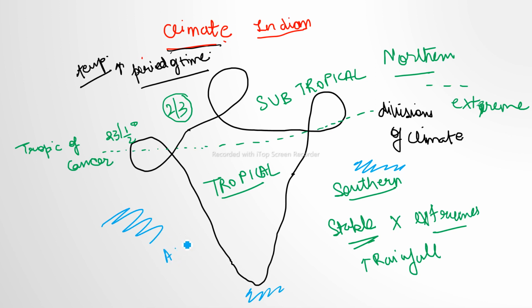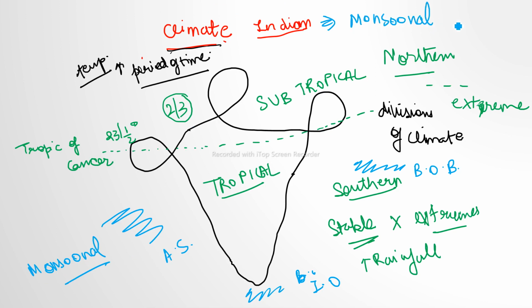Here we have the Arabian Sea, here we have the Bay of Bengal, and here we have the Indian Ocean. These water bodies are majorly responsible for the monsoonal patterns in India, and the overall climate of India is called a monsoonal climate.